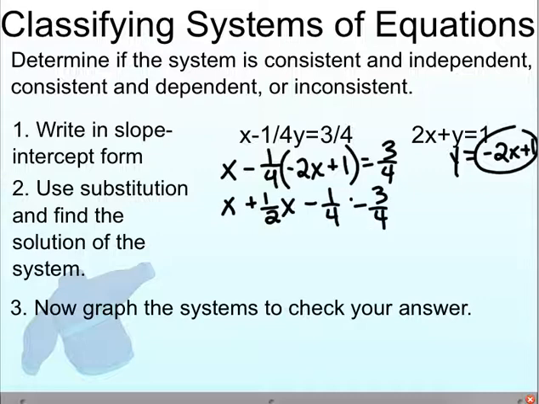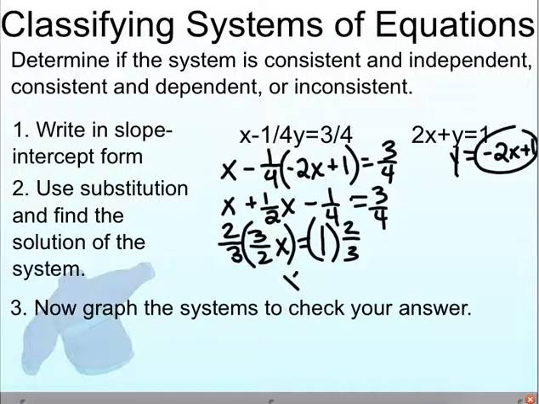I'm going to combine like terms here and get 3/2 x. And I'm also going to add 1/4 to each side. So I'm going to get equals 1. And to get rid of that 3/2, I'm going to multiply by the reciprocal, 2/3.